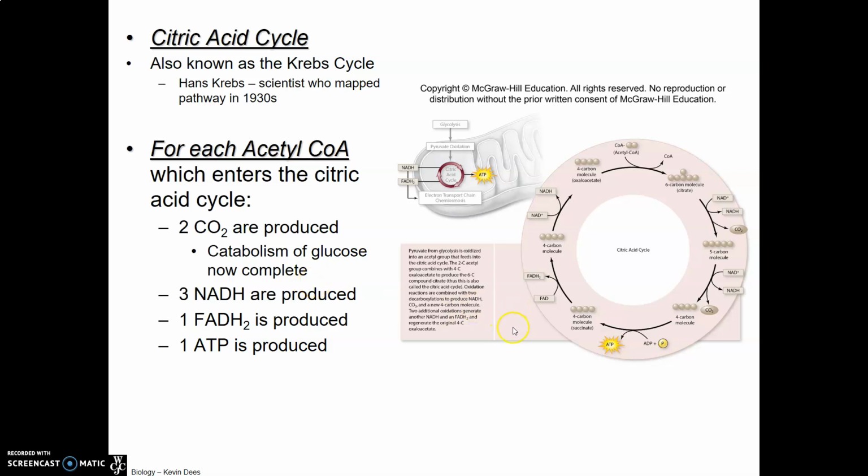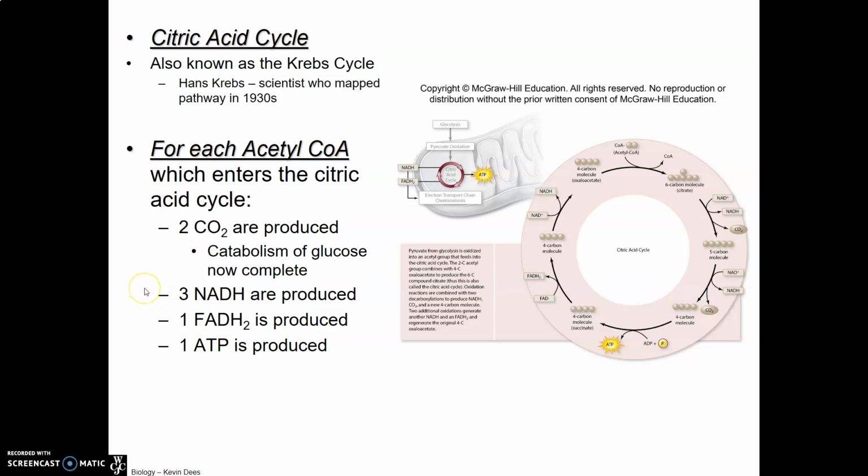And then we're also going to produce another electron carrier called FADH2. And so we can see here another pair of electrons is going to reduce FAD to make FADH2. In addition, each time the citric acid cycle spins, we create 1 ATP.